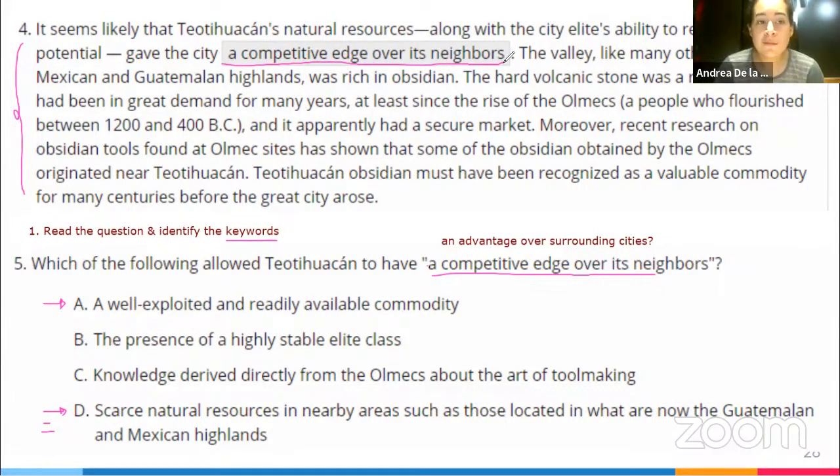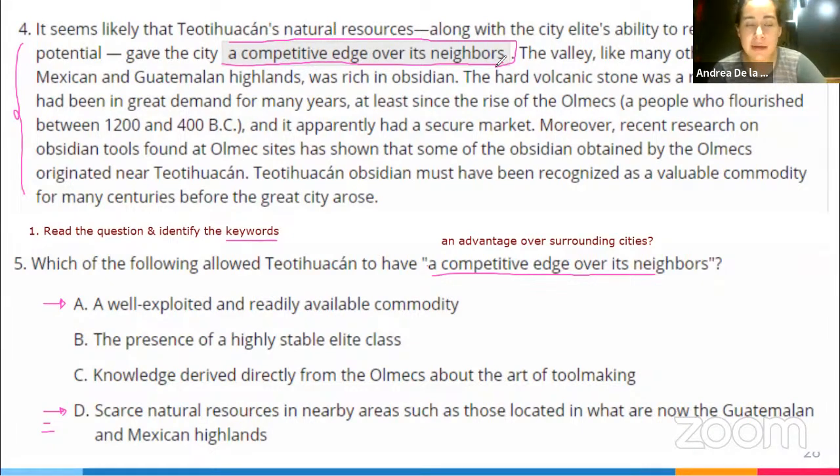Now, I'm going to give you one very important tip, and this is the mistake that most students make. Once you have found those keywords and you are 100% sure that's what they're asking about, a competitive edge over its neighbors, then I guarantee that 90% or more of the time, the answer is going to be really close to the keywords. Remember, this is a detailed question, so they are never going to ask you for a summary.